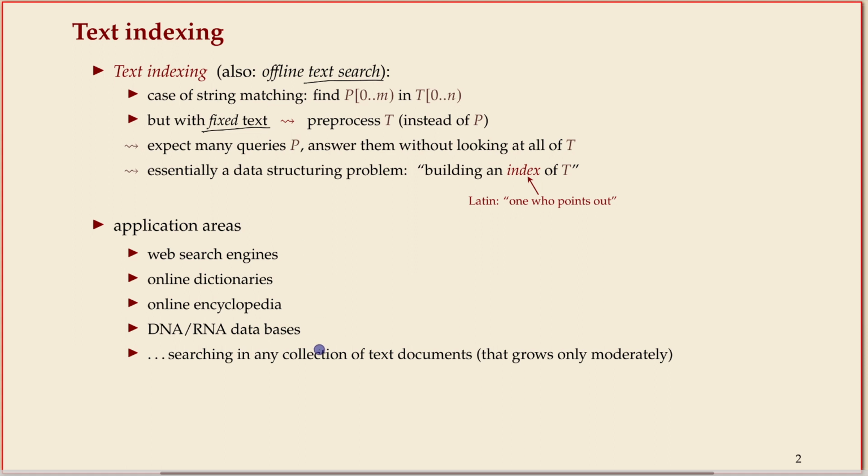There's many application areas that use indices in one way or another. The most prominent, I guess, are web search engines, while they're still around and not replaced by large language models. But even if they might be, we'll still have search engines in the classic sense because they're so much faster and cheaper. Online dictionaries in the classic sense of a word dictionary.